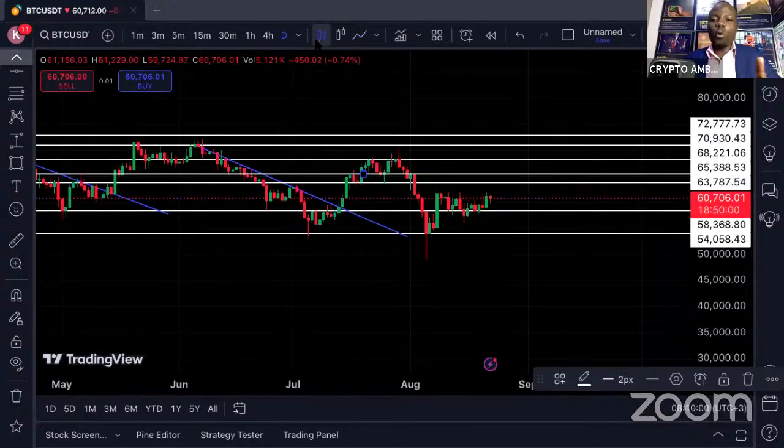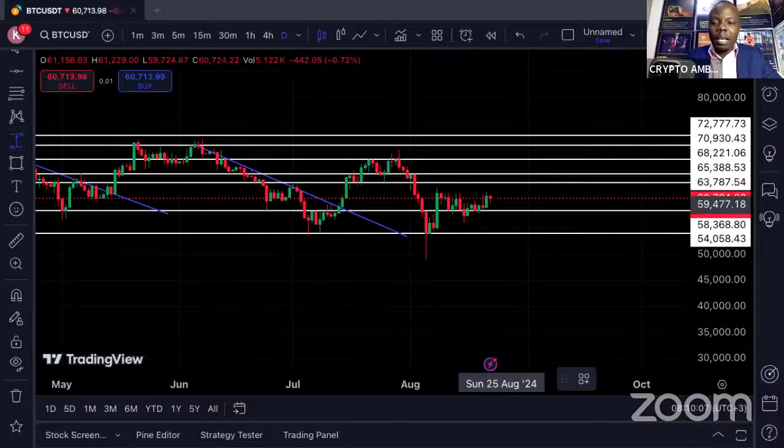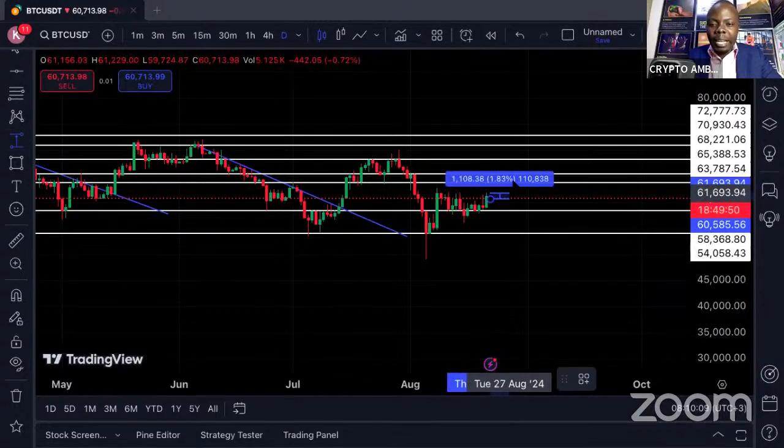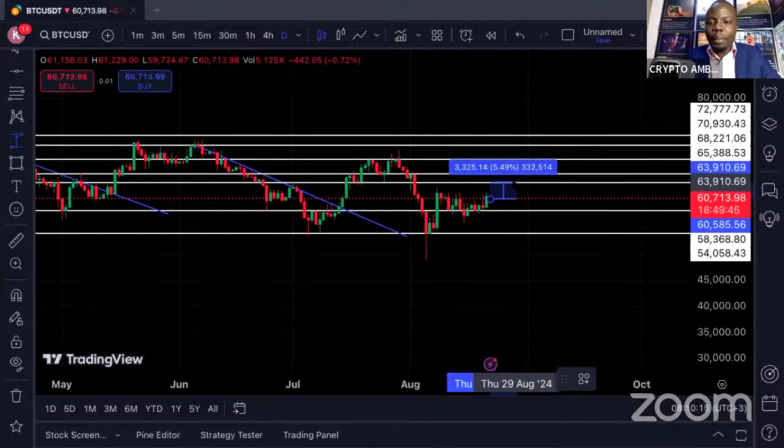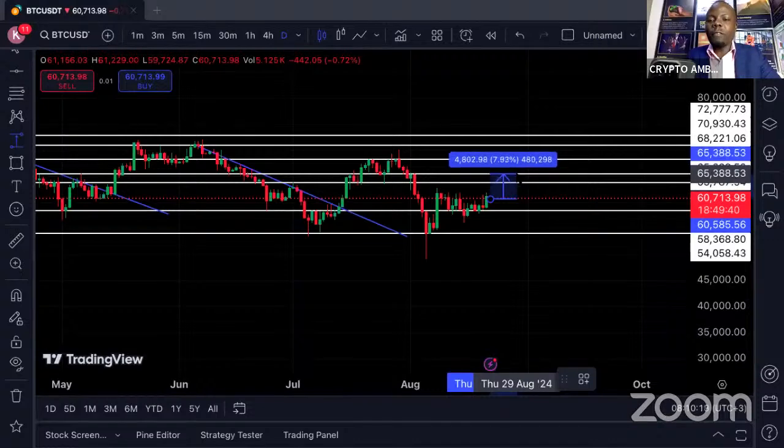So I would confidently say that since Bitcoin has broken this point, if the market makes a move to the upside, I expect Bitcoin to either stop here and come down or to stop here at $65,000.